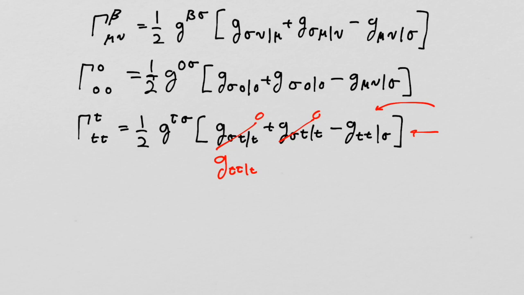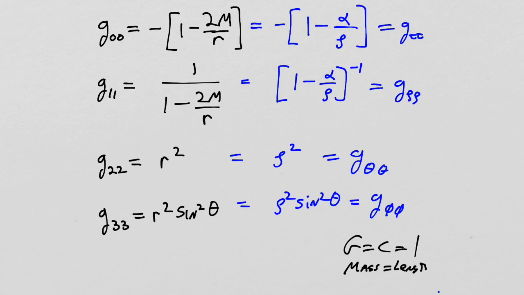So now, ultimately, the term that survives is going to be 1/2 g t sigma times the derivative of g t t with respect to sigma. Now, if we look at GTT, we see that it's only a function of rho. So you can take derivatives of this all day long, but unless you're taking a derivative with respect to rho, you're going to get 0.